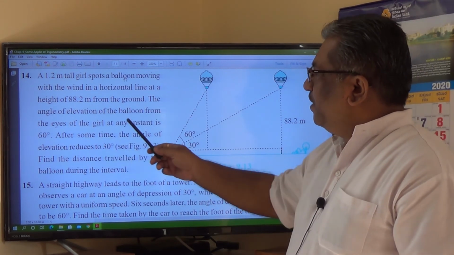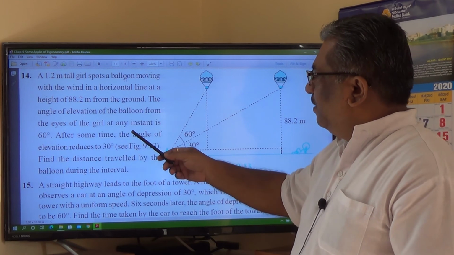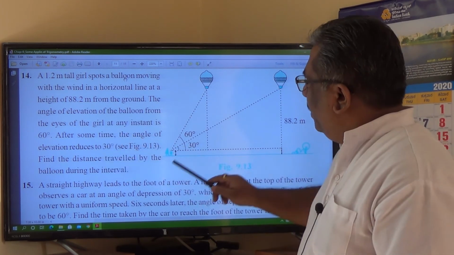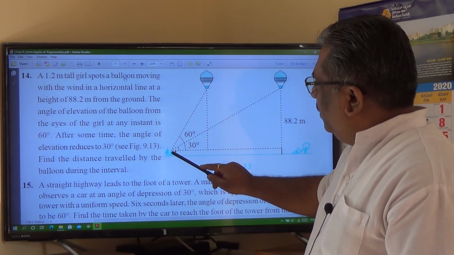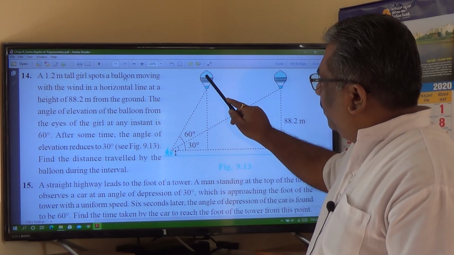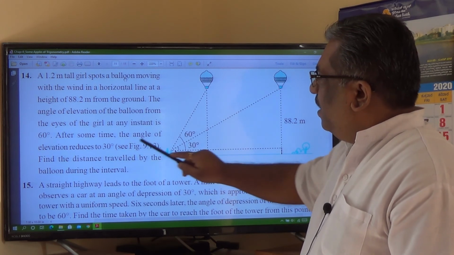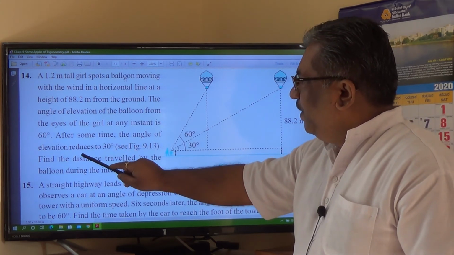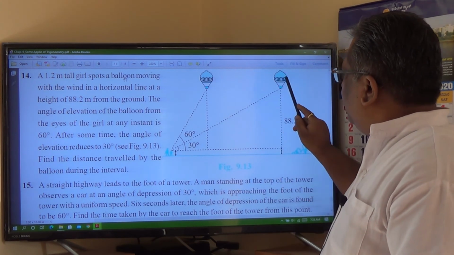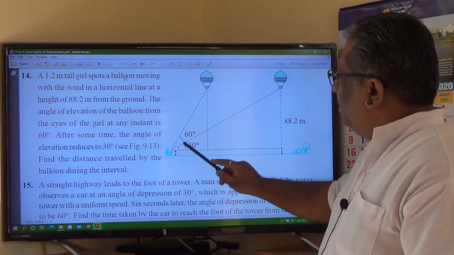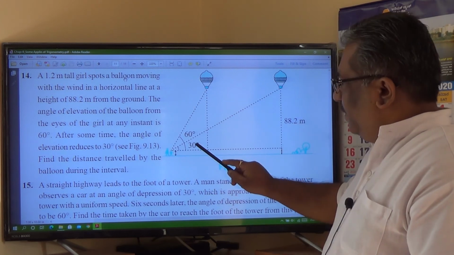The angle of elevation of the balloon from the eyes of the girl at any instant is 60 degree. So in the beginning, when the girl is over here, the angle of elevation of this balloon is 60 degree. After some time, the angle of elevation reduces to 30 degrees, meaning when the balloon moves and comes to this position, the angle of elevation will be 30 degrees.